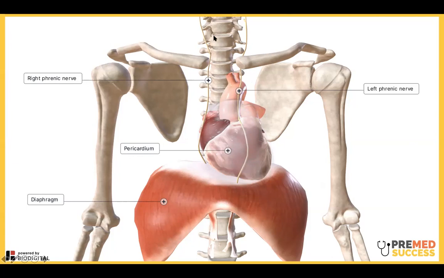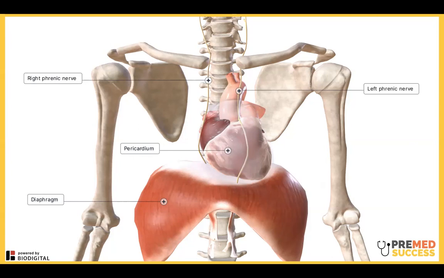Whereas the right phrenic nerve just passes behind the pericardium and doesn't really innervate it or integrate with it in any way. So the right is less involved, the left goes over it and is involved. And both of these nerves, phrenic is to do with breathing, and they go down to the diaphragm, and they're what cause the diaphragm to contract when you breathe.